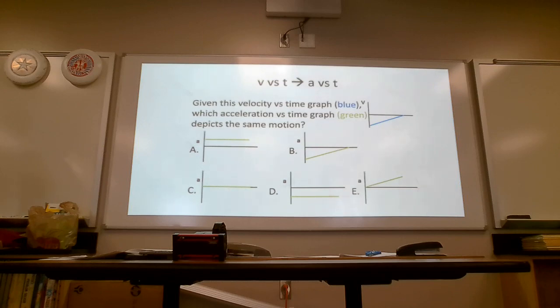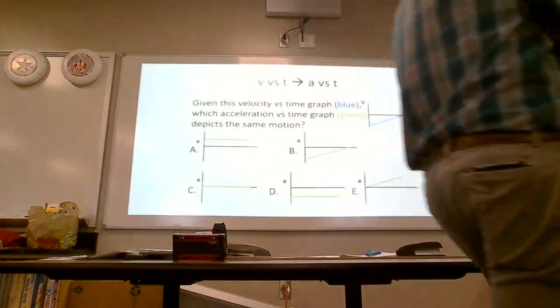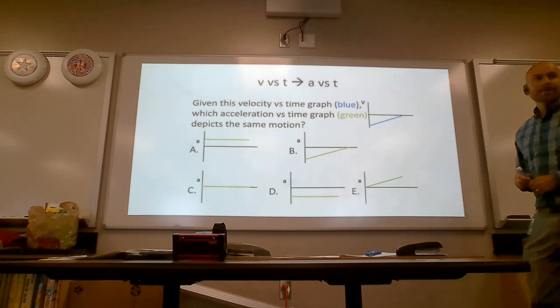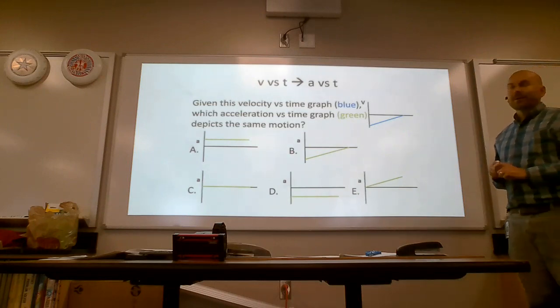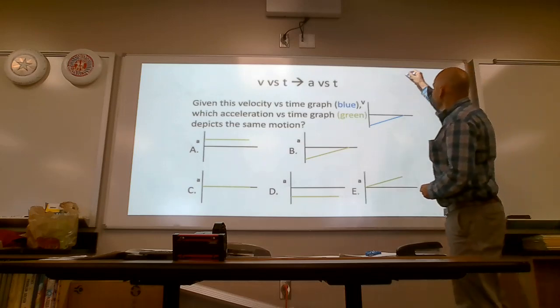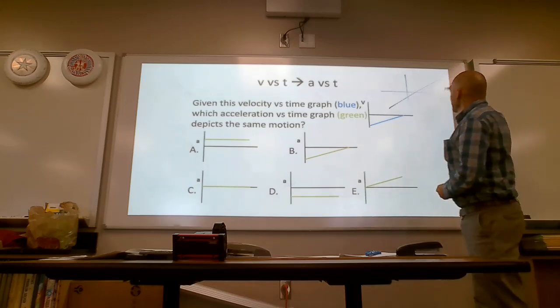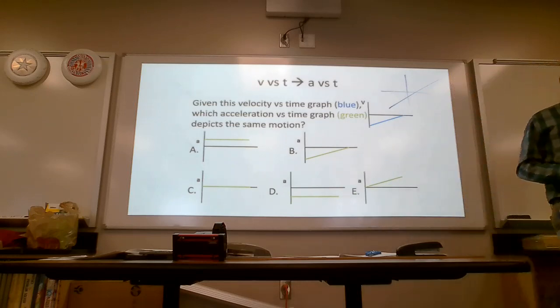So graphically, what on a velocity versus time graph tells us acceleration? Slope. How do you describe the slope of that blue line? Is it positive or negative? Okay. So in math class, when we did this, is that a positive or negative slope?